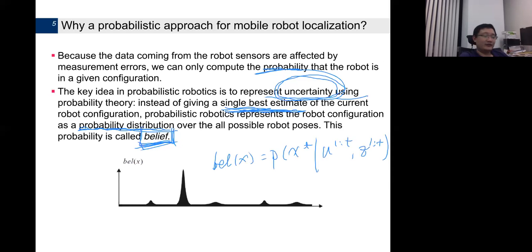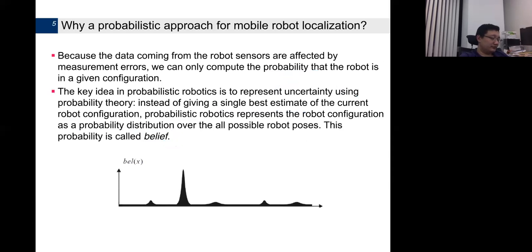This is the belief. Of course, if you want a point estimation, it's easy. I just check, okay, I want this point, then the robot location should be at this star location. But you have the general distribution of the probability all across the space.